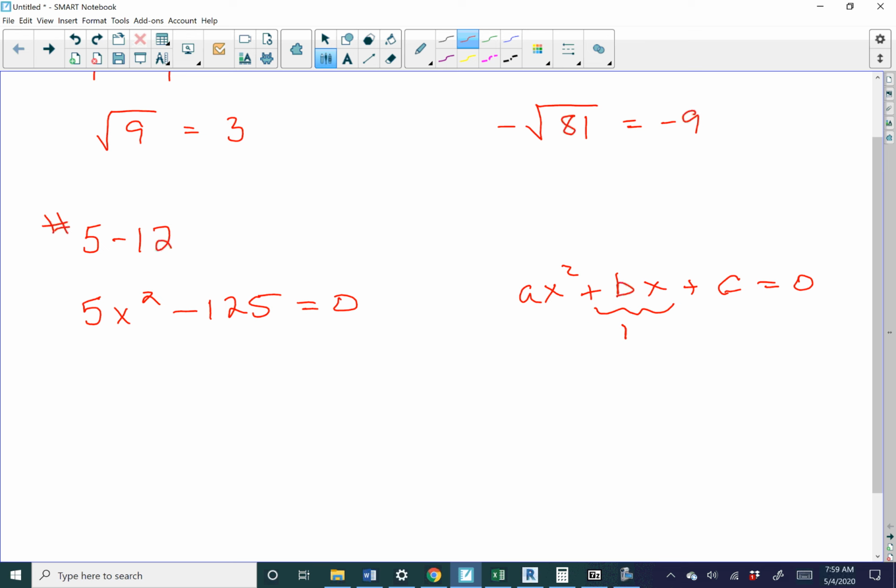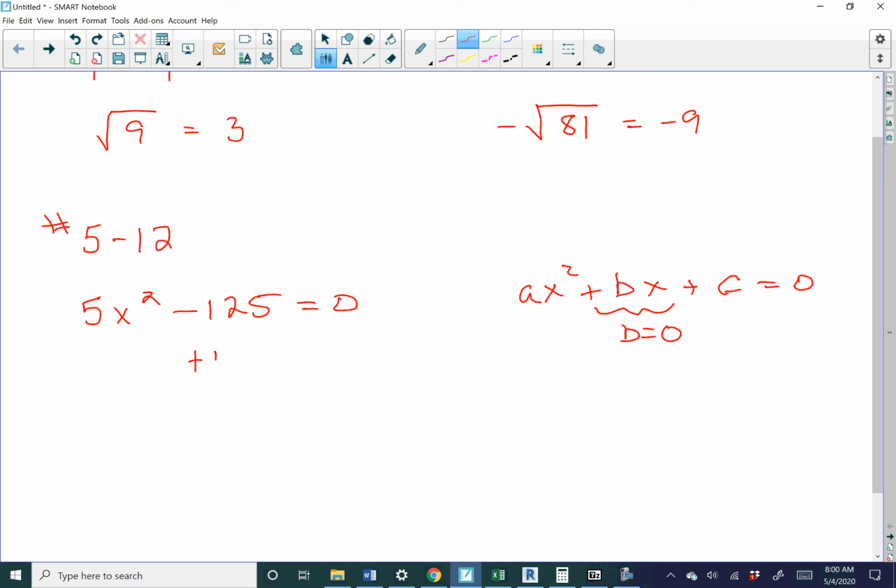In other words, in this case, b is actually equal to 0 because 0 times x would be 0. So all we have is the ax squared, right? 5x squared, and c, which is negative 125. But we don't want to use the quadratic formula here because it's actually easier to use square roots.